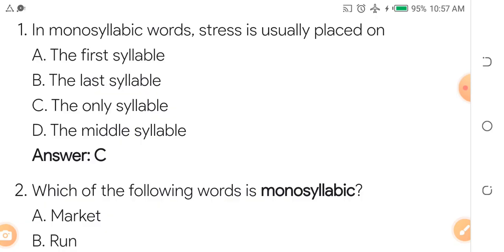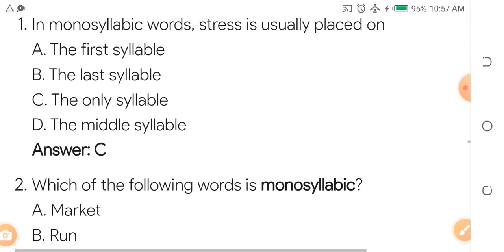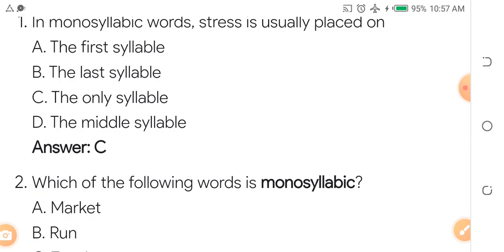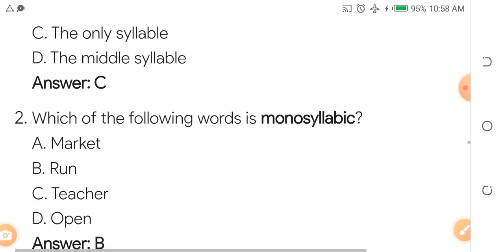We will see examples as we go on. Options: A. first syllable, B. last syllable, C. the only syllable, D. the middle syllable. Of course, it is the only syllable because monosyllabic words have only one syllable.